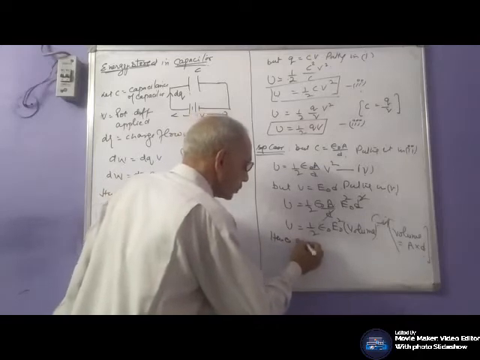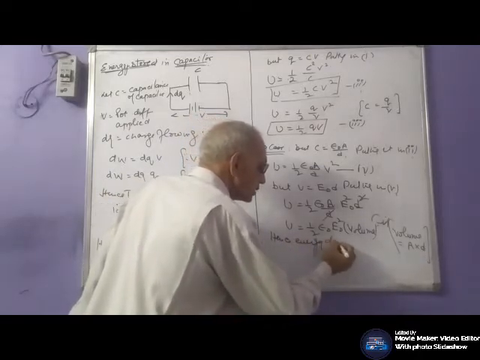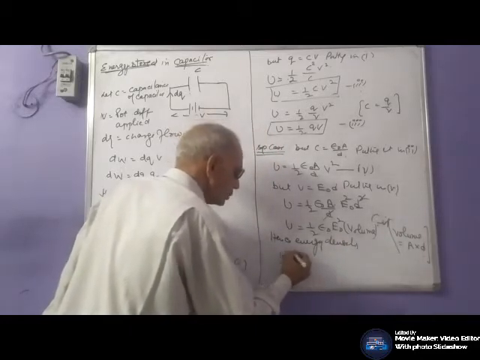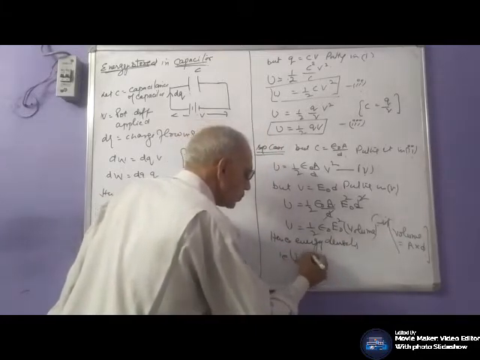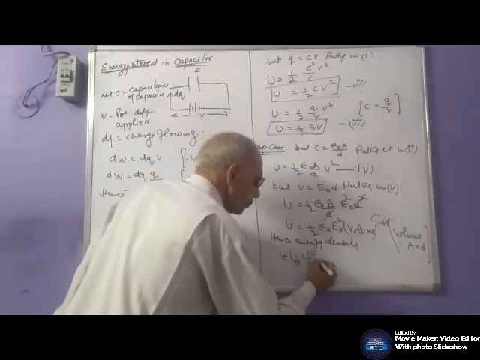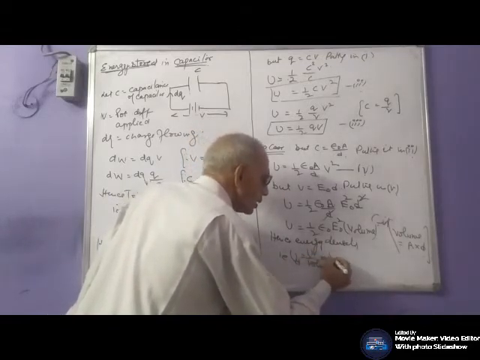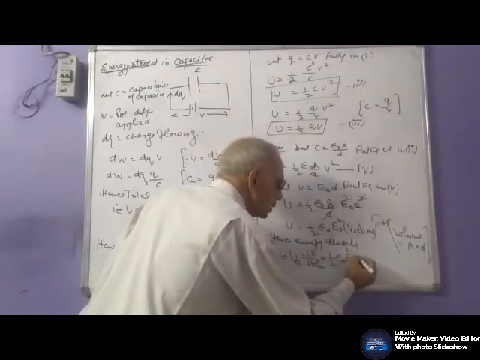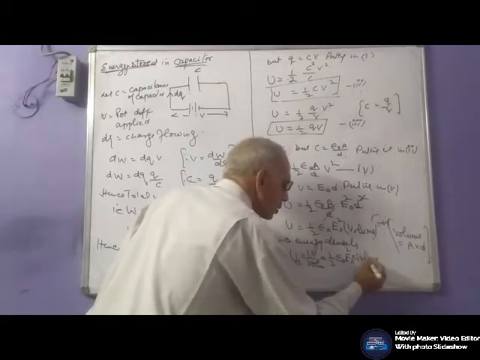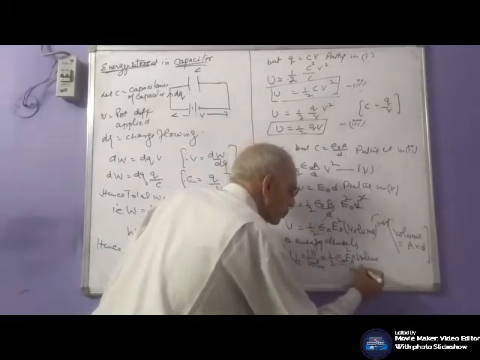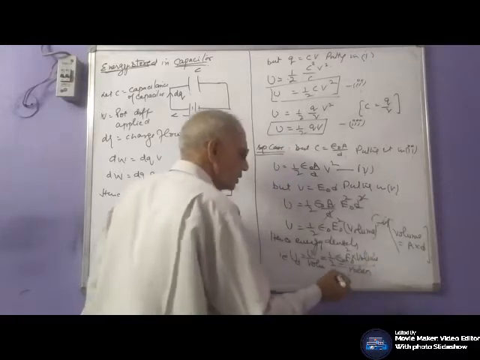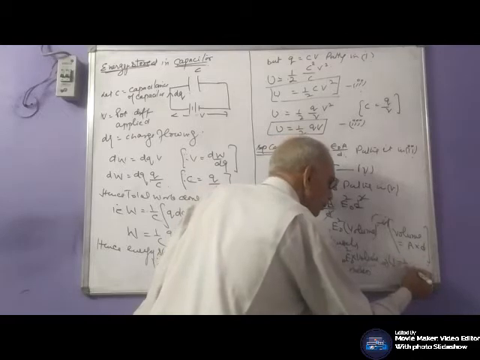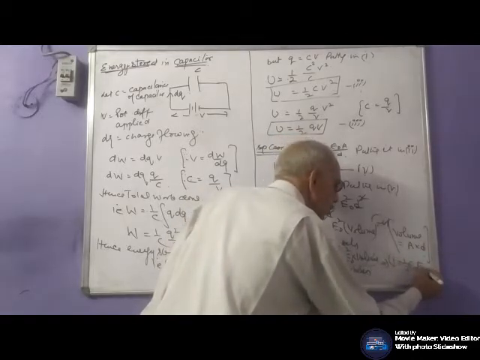Hence, energy density, that is U D, is energy upon volume. Energy is half epsilon naught E naught square into volume, upon volume. The volume cancels, so the energy density is half epsilon naught E naught square.